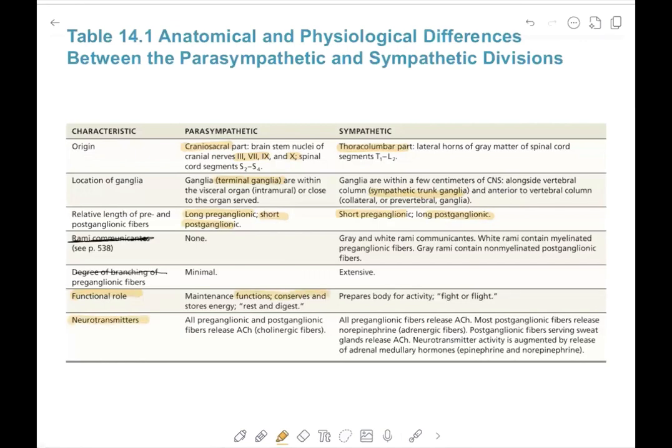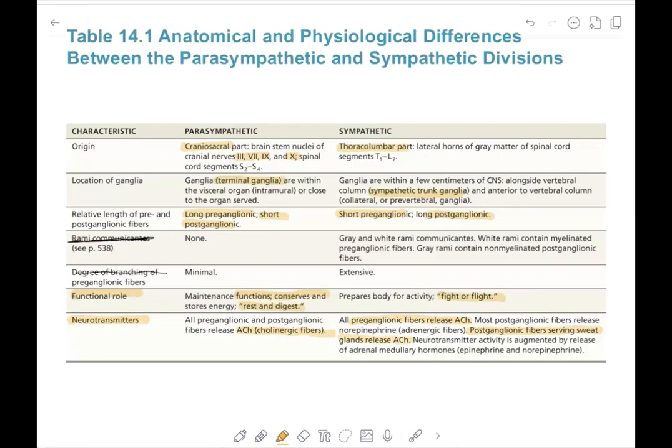So its general function is rest and digest, whereas sympathetic is fight or flight. All pre- and postganglionic fibers are going to release ACh if they are parasympathetic. If they're preganglionic in the sympathetic division, they release ACh. But in the postganglionic, sweat glands are an exception. They release ACh.